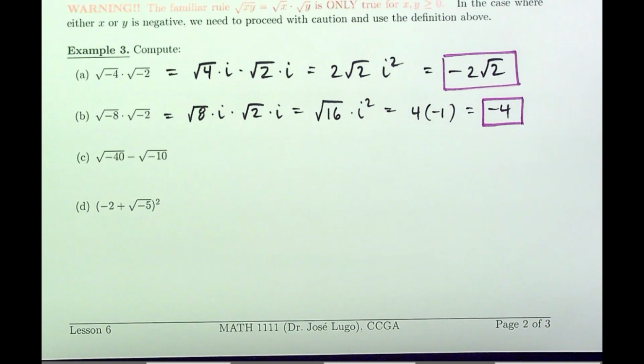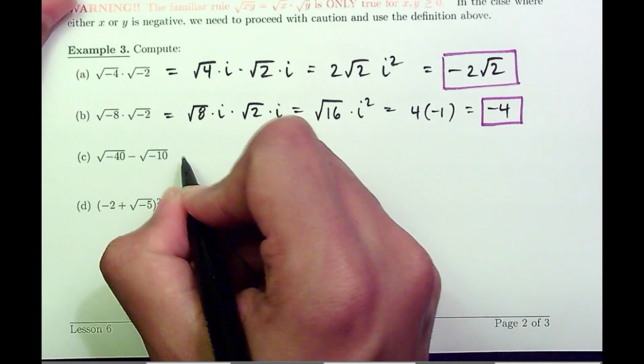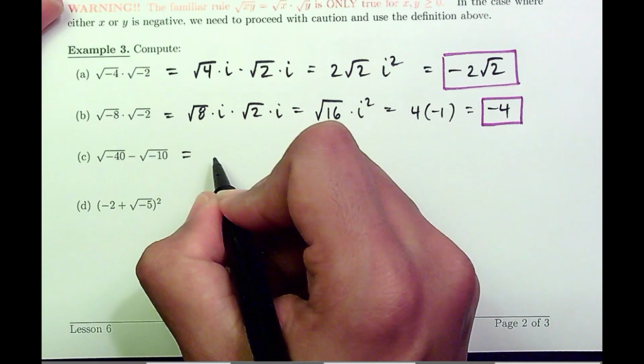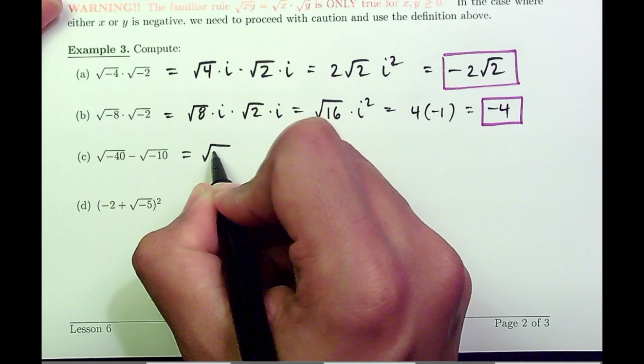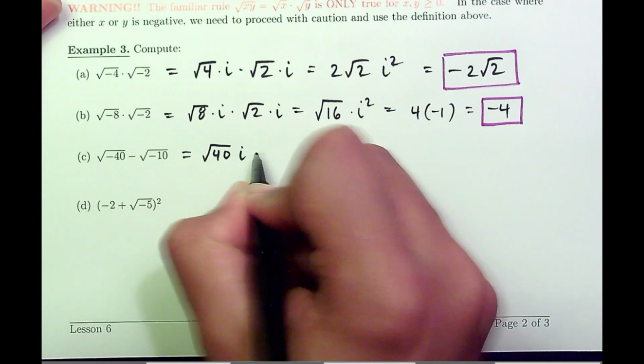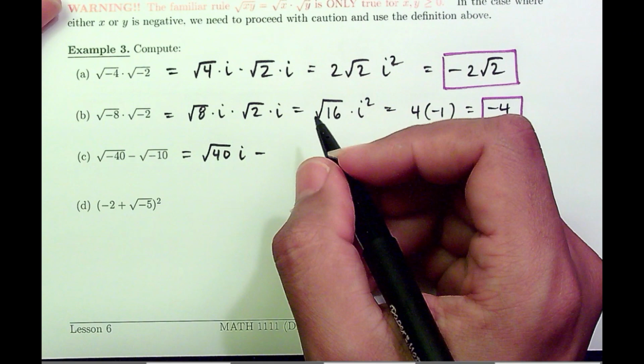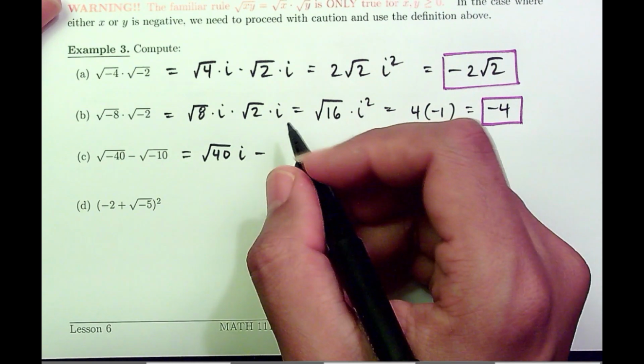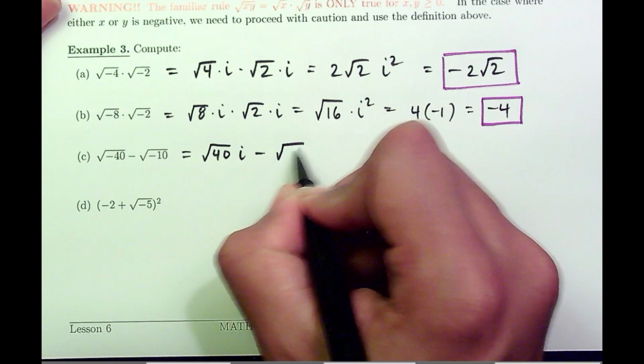Okay, now let's do the next one. Square root of negative 40 minus the square root of negative 10. So square root of negative 40, what does that mean? That means square root of 40 times i. And then you have the minus, and then square root of negative 10, what does that mean? That means square root of 10 times i.